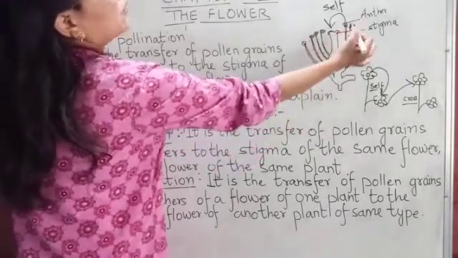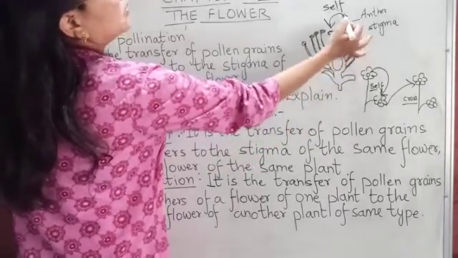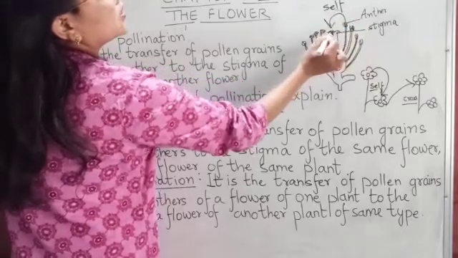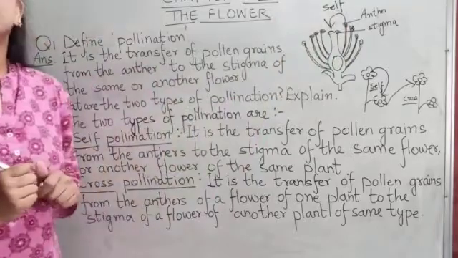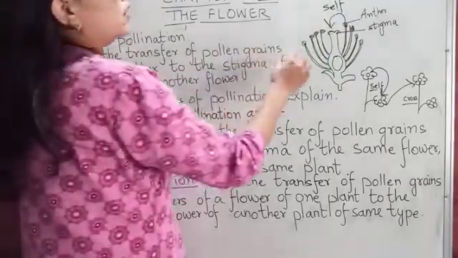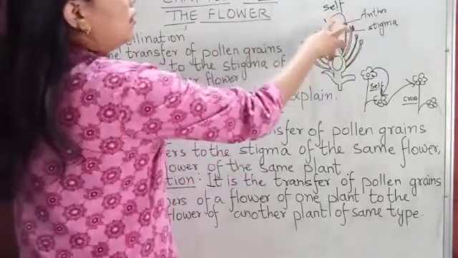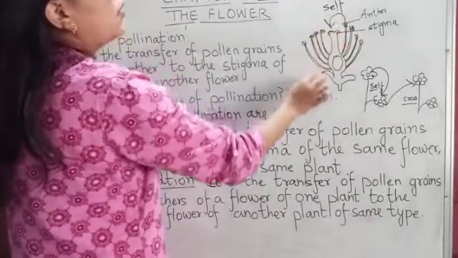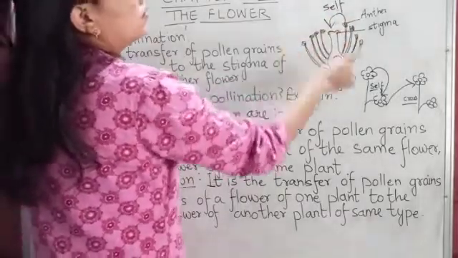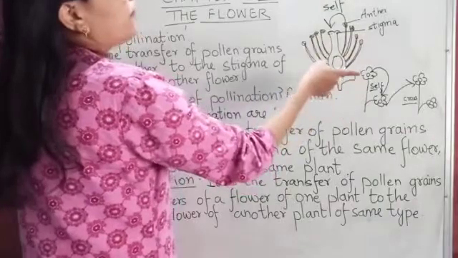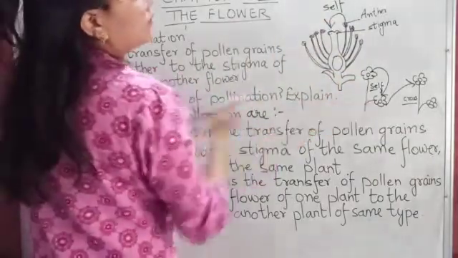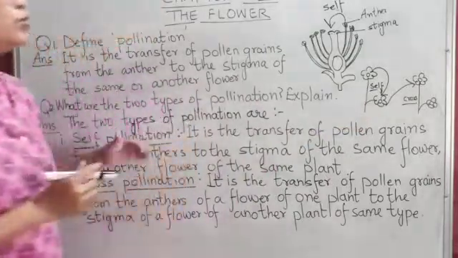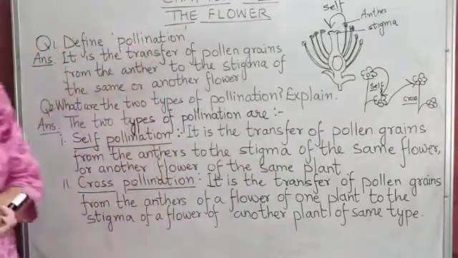So when pollen grains from the anther transfer to the stigma, this is known as pollination. And pollination also occurs within the same flower, or between another flower of the same plant also, like this.